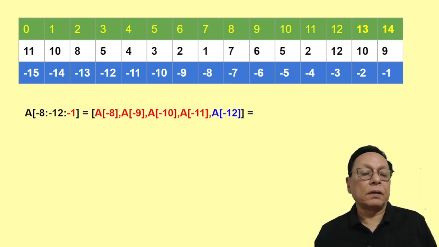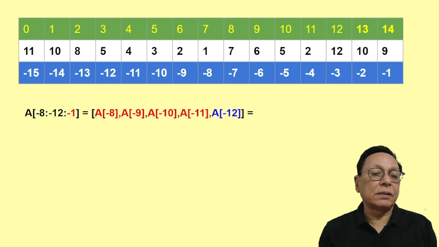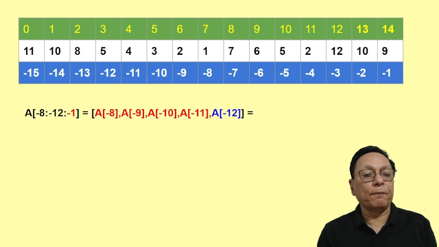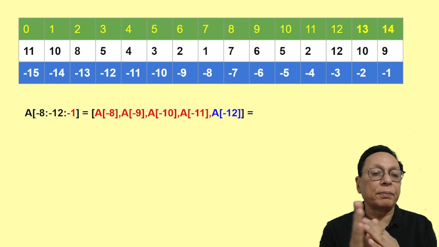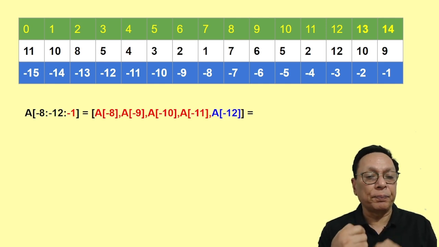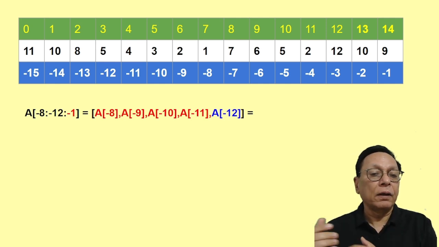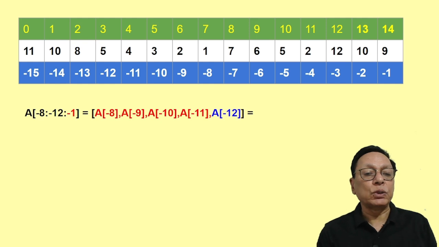But yes, if you look at this, minus 8 to minus 12, and the step is minus 1, so minus 8 to minus 12, you are moving right to left, because minus 1 means step is negative, moving right to left, and that is why we'll include minus 8, minus 9, minus 10, minus 11, minus 12.